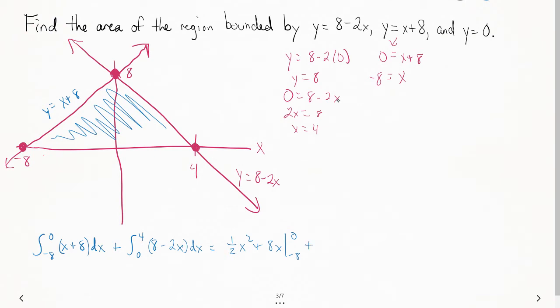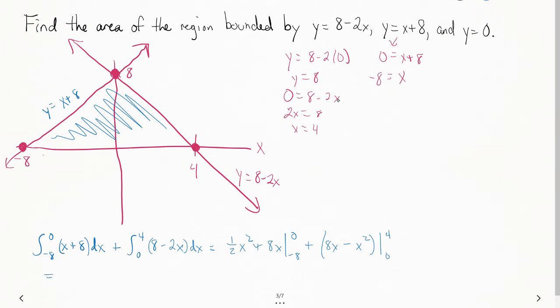Plus our second one, so we go from 0 to 4, it would be 8x minus x squared divided by 2 and then times that 2, so the 2's would cancel, so you're left with 8x minus x squared, my apologies there. Because the derivative of x squared is 2x, and that's where that comes from, evaluated at 0 and 4.